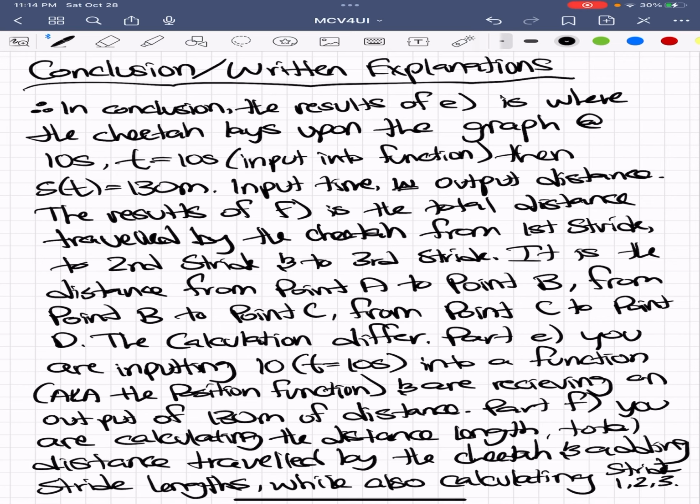Then S of t equals 130 meters. So our answer is 130 meters. And so the cheetah lays upon the graph at 130 meters at 10 seconds.